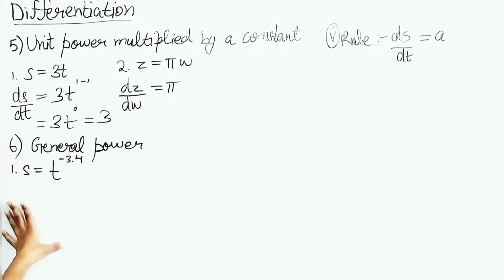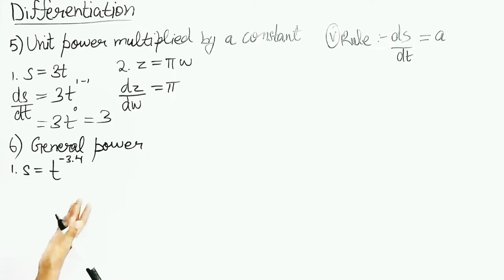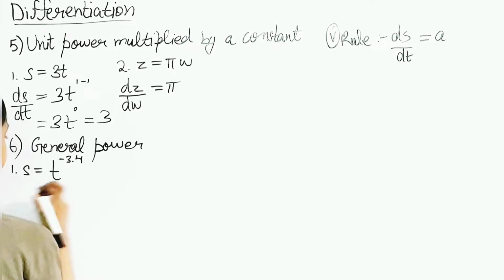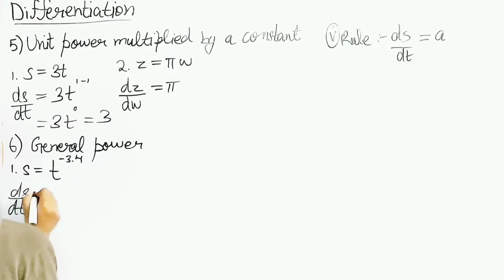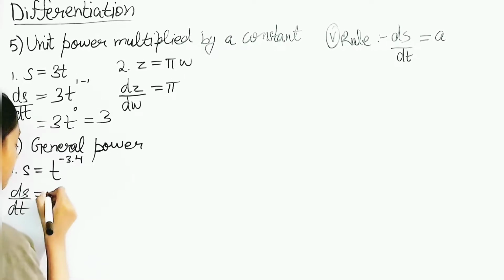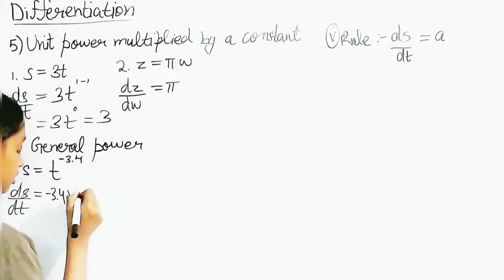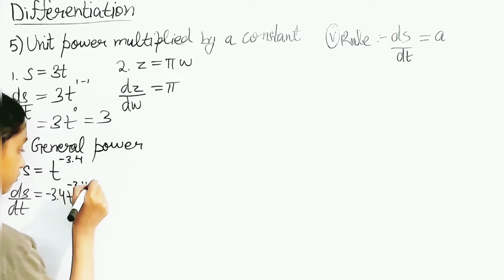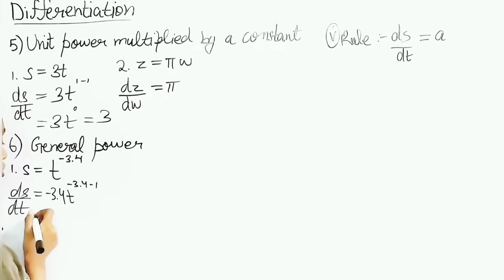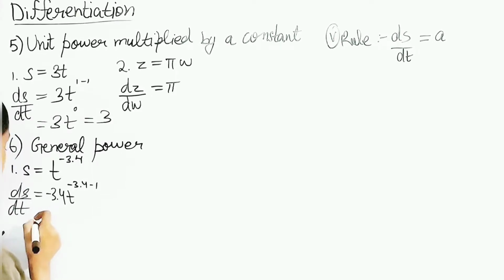How are we going to differentiate it? It's absolutely easy, we're just going to follow the rules already given. So ds by dt is equal to negative 3.4 times t to the power negative 3.4 minus 1.